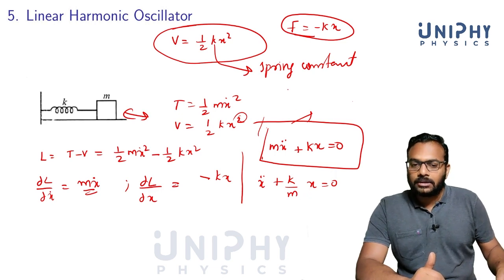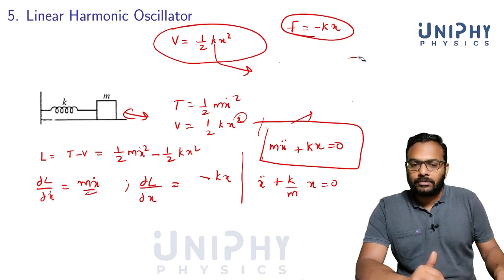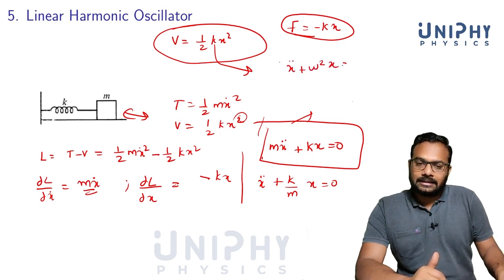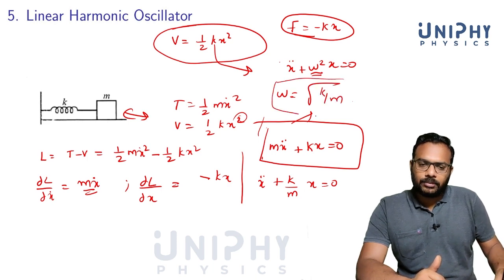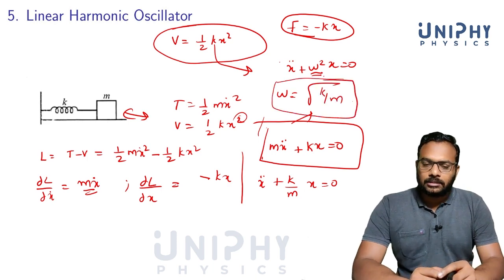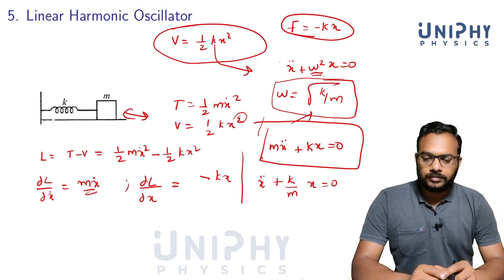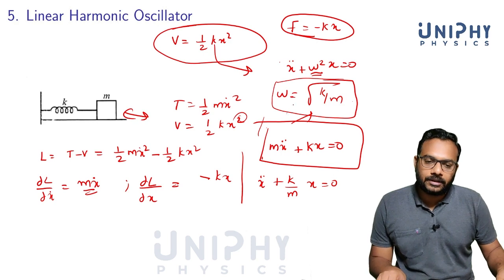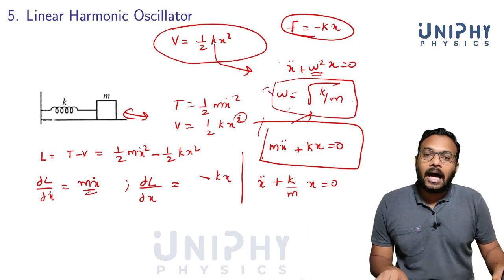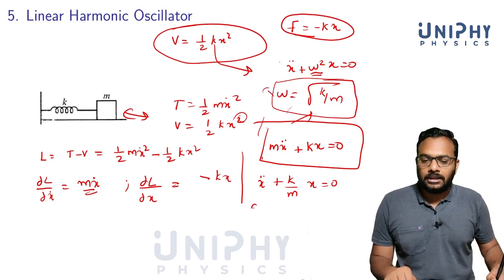This is often compared with the form x double dot plus ω² x equals 0. So ω for this spring can be written as the square root of k/m. That's an important result we might use in some of the problems. This ω is known as the angular frequency.